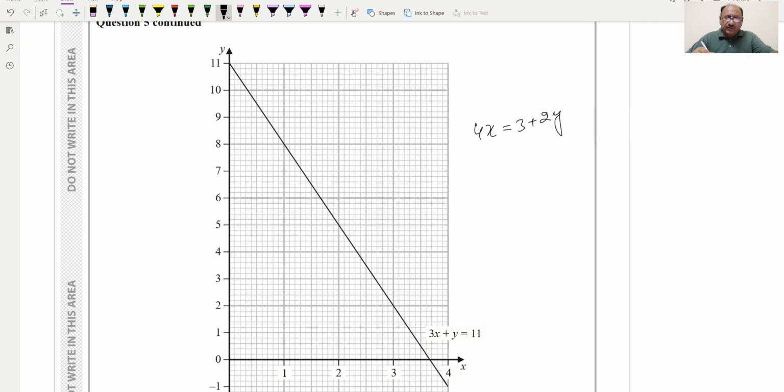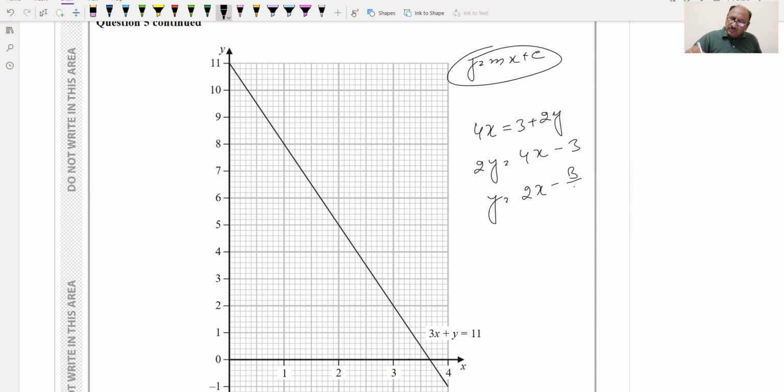Basically, we need to find 2 points to draw the equation, or what we can do, we can write in y is equal to mx plus c format also, and this will be 2y is equal to 4x minus 3, and y will be equal to 4 by 2, which is 2. So I will write 2x minus 3 by 2. So this is y-intercept, which is minus 3 by 2.